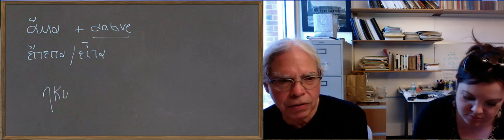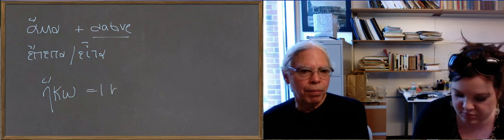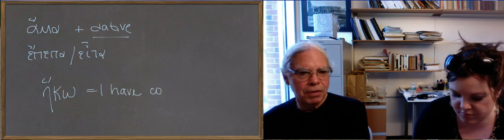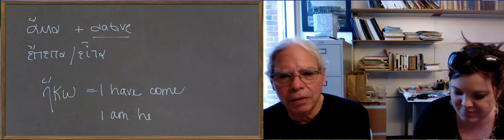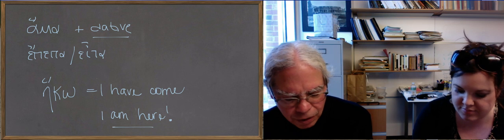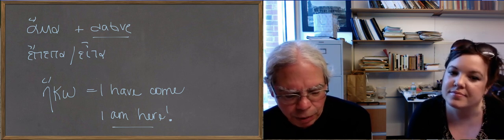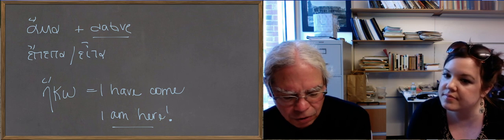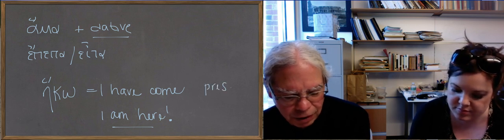So because it means I have come, that is, you've completed the process of coming, it means I'm here, I've arrived, okay? Again, it's a present perfect, so that's why this funny meaning, okay? It doesn't have any other principal parts, only a present and a future. No aorist, no perfect, no aorist passive, nothing.